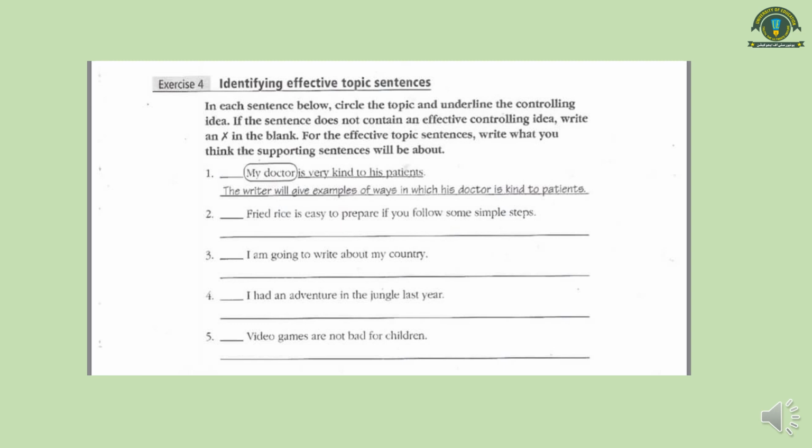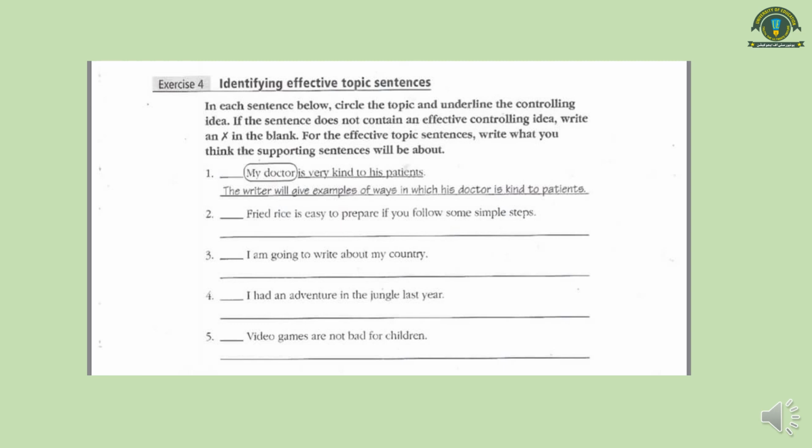My doctor is very kind to his patients. So my doctor is the topic, and the related controlling idea is that he is kind to his patients. This means that we'll be talking about his kindness towards his patients in the complete paragraph.